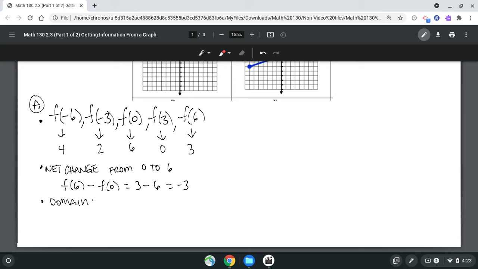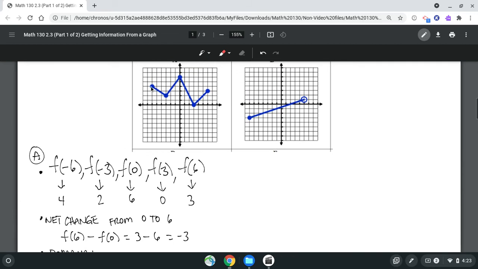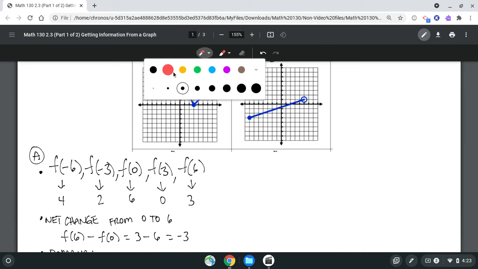All right, so here the domain are the x values. So let's take a look. So we have endpoints here. So our domain doesn't go on forever to the left, and it does not go on forever to the right. So it ends right here, but everything for our domain is being used in the middle here. Let me change colors here.